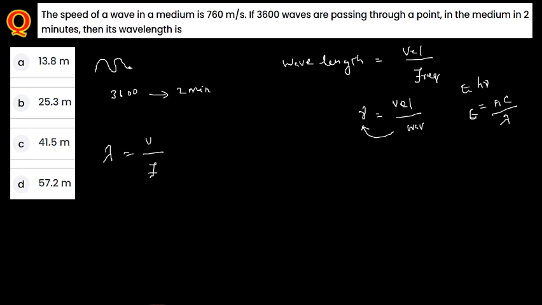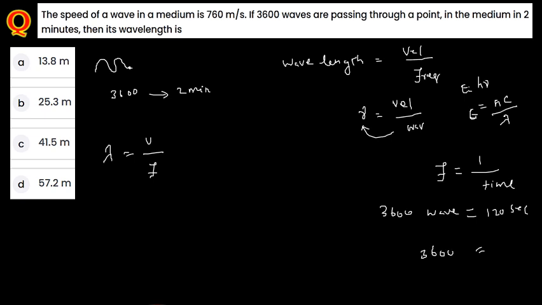Now, how can you find out frequency? Another relation is that frequency is the inverse of time, that is per time. According to this, what they have given here is 3600 waves in 2 minutes, which means 120 seconds.